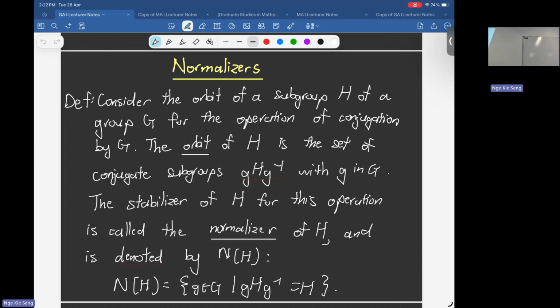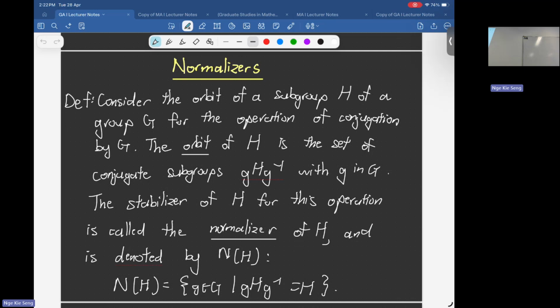If it sends it back to H, then we call this the normalizer. So this is a bit like the centralizer. The centralizer is just replacing the subgroup with an element. We call it the centralizer because of the center. But now, if you are conjugating a subgroup, it is a normalizer, and you need to think about the definition of a normal subgroup.